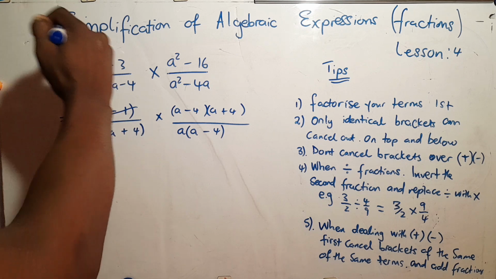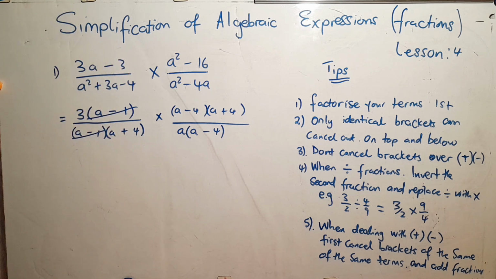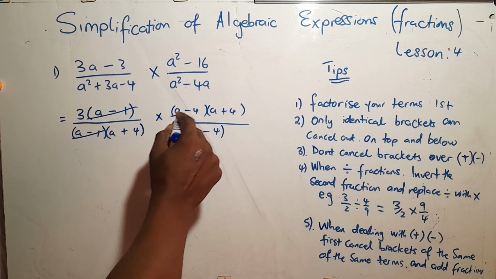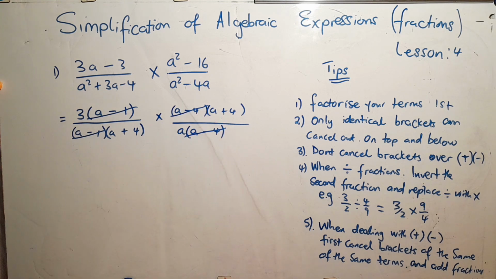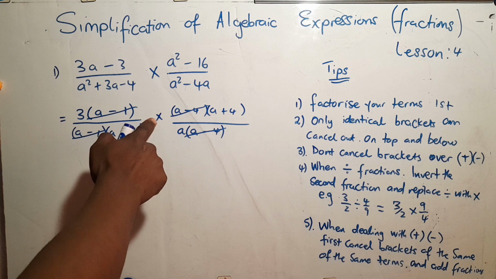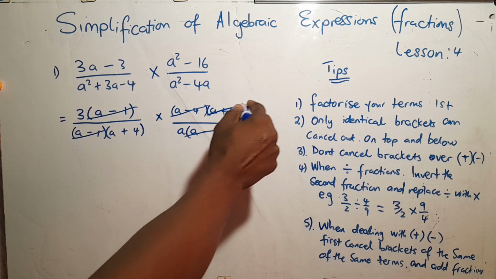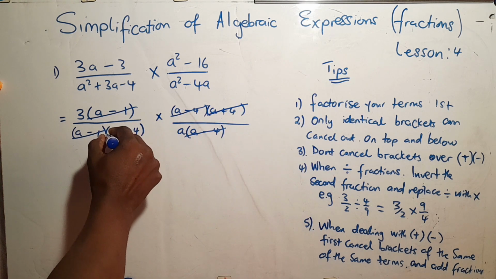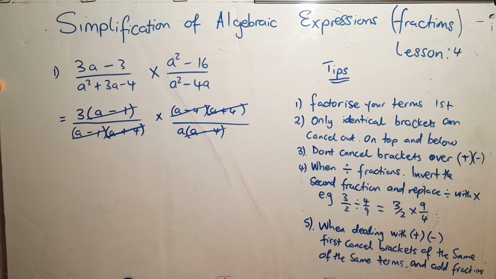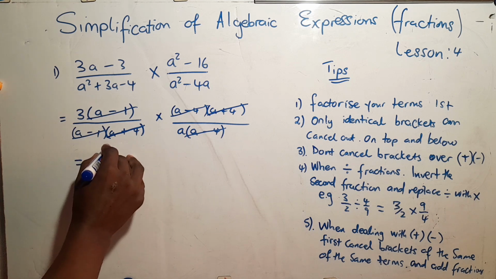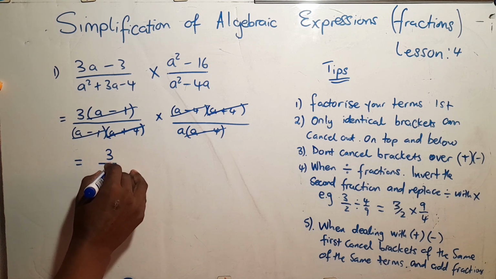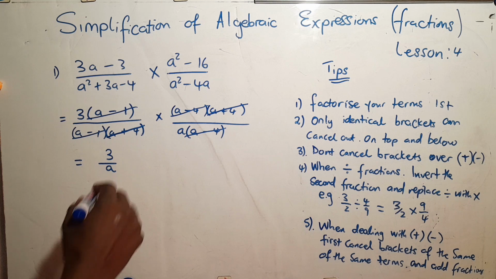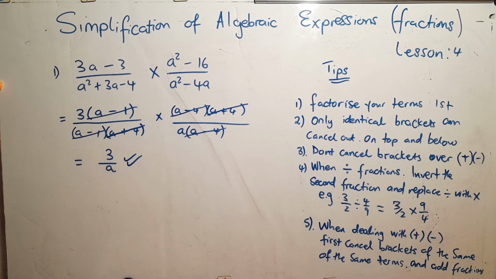So a bracket on top can only cancel a bracket below. And also here we can see a minus 4 can cancel a minus 4. Since we are having a multiplication here, it means that also this one on top on that other side can cancel this one below on this other side. So now we'll be left with only 3 on top and a below. So this is simplified like that.